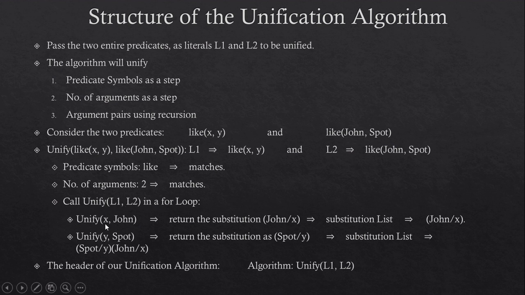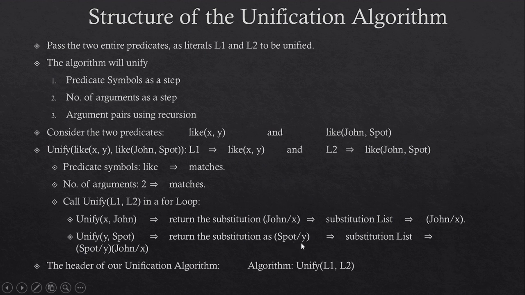It will then return the substitution John for x. The substitution list at this point will be John for x. Then we will call unify L1, L2 with L1 as y and L2 as Spot. It will return substitution as Spot for y.